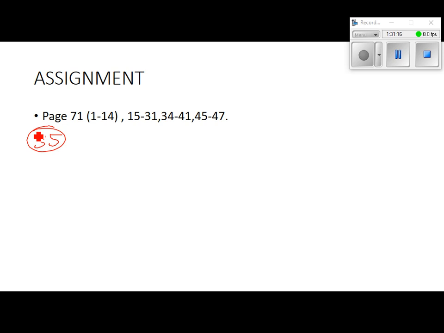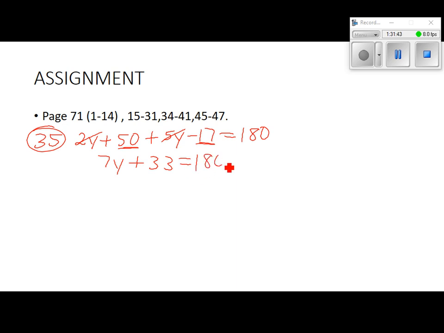The one I'm going to set up is 2y plus 50 plus the angle right below it, which is 5y minus 17. Those two together have to add up to 180. Collect like terms, I get 7y. 50 and a negative 17 give me 33, plus 33. That equals 180. Subtract 33.